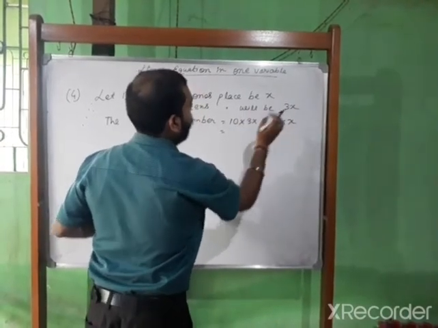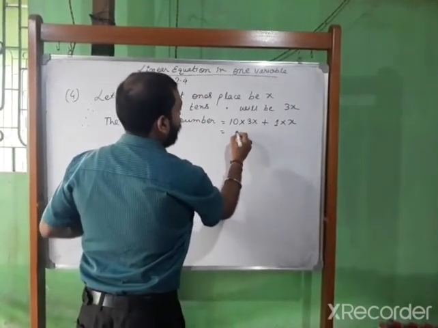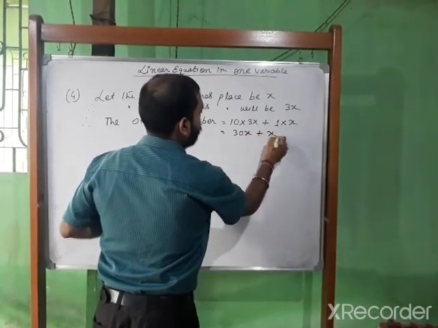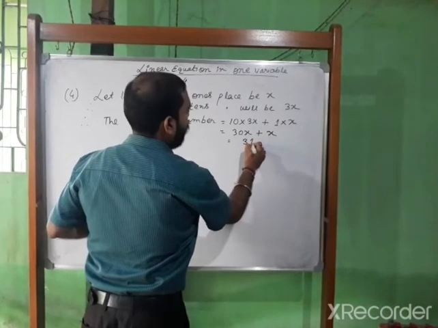Now 10 into 3x is 30x plus x, so it will be 31x.